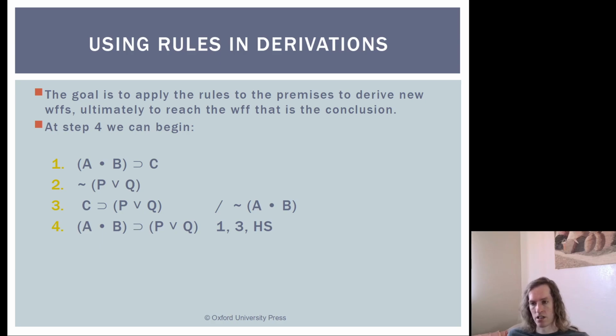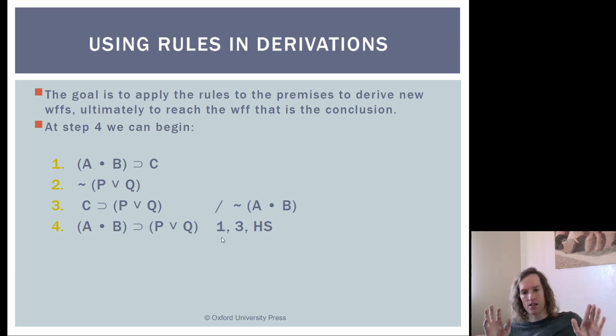Using a hypothetical syllogism on lines 1 and 3, we can get to if A and B, then P or Q. Now, when we do a proof like this, any of these lines that we add are new premises that follow from the original premises that were given. We have to, off to the side here, show our justification for getting to the new premise.